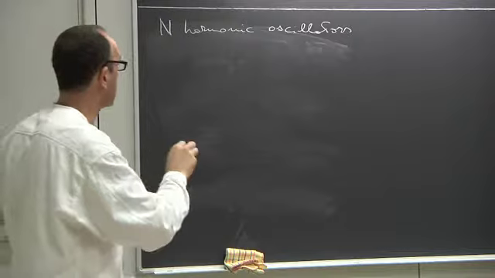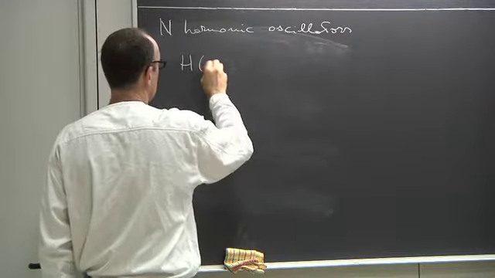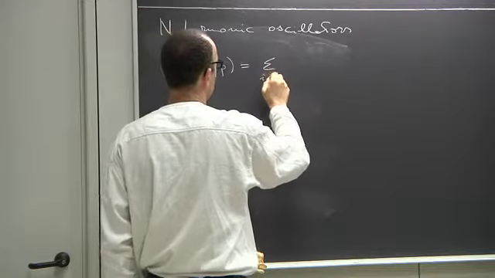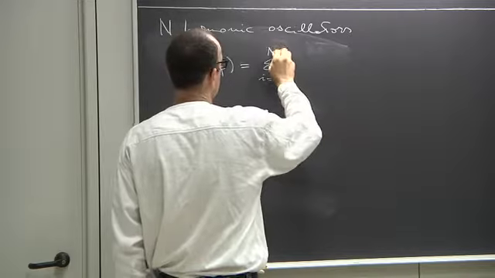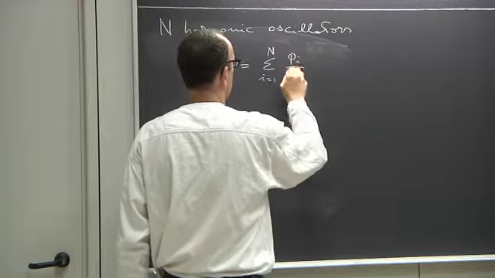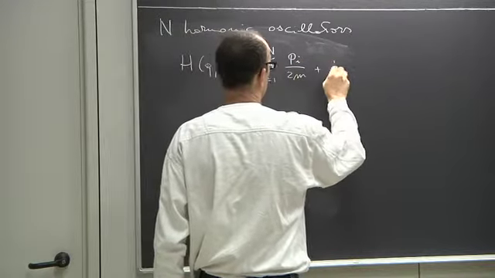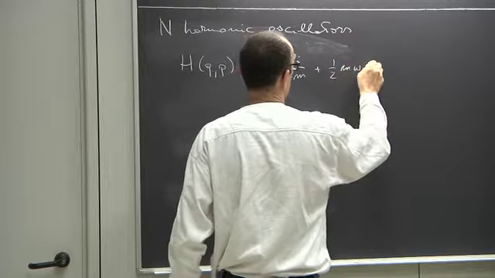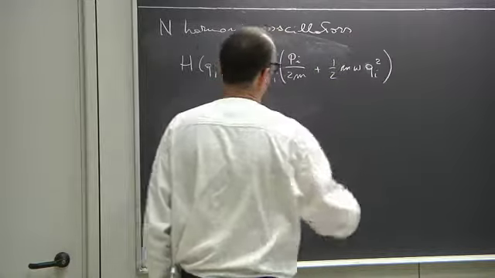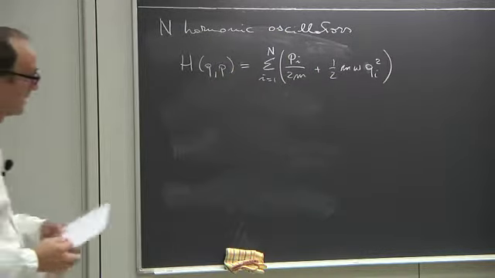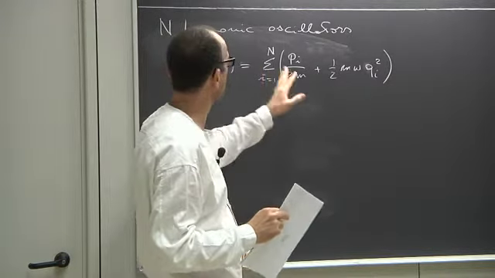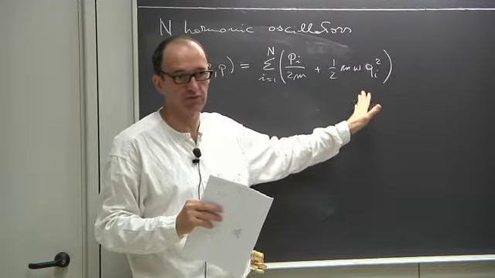And so the Hamiltonian of the positions and momenta is just the sum over, let's say, these are unidimensional for simplicity, of pi squared over 2m plus one half m omega squared qi squared. Okay, so this is the Hamiltonian of n harmonic oscillators. They are identical and they do not interact.